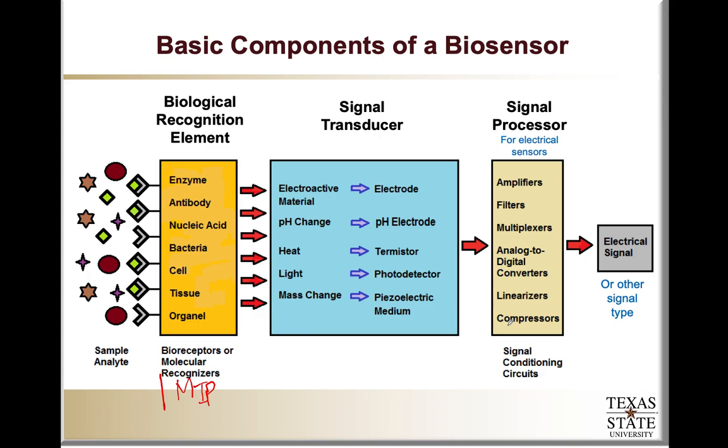For other non-electrical sensors, we might have different processing, which could even be your brain, for example, if we're talking about a biosensor that develops a color and you are the one interpreting that color. But still there would be some kind of signal processing to convert that signal into actual information about concentration or the presence of an analyte.